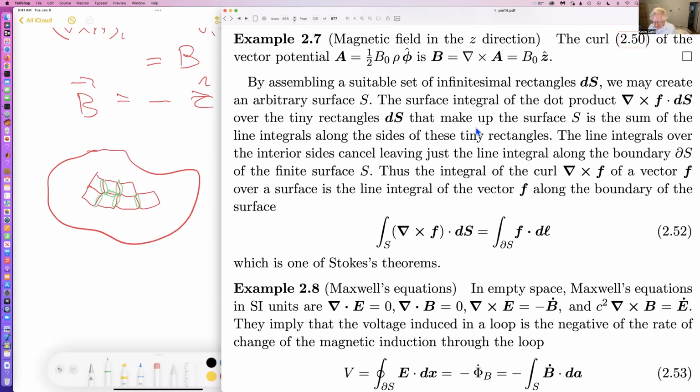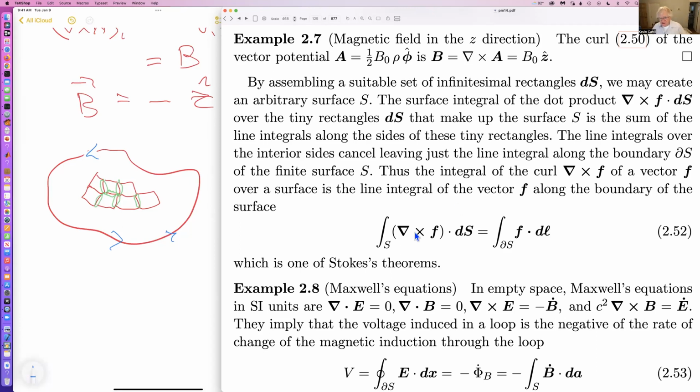What survives is simply the line integral along the perimeter.